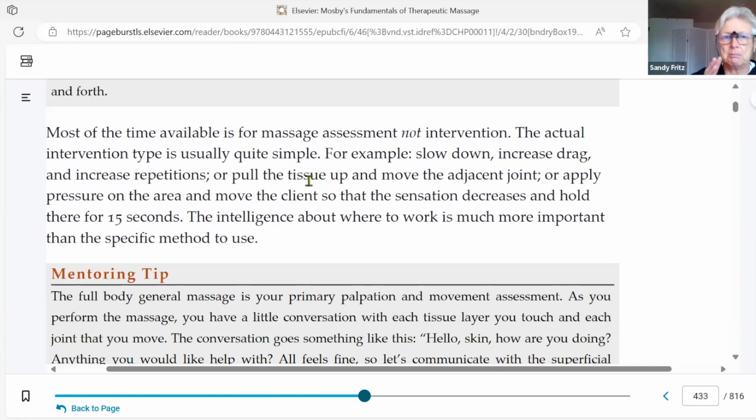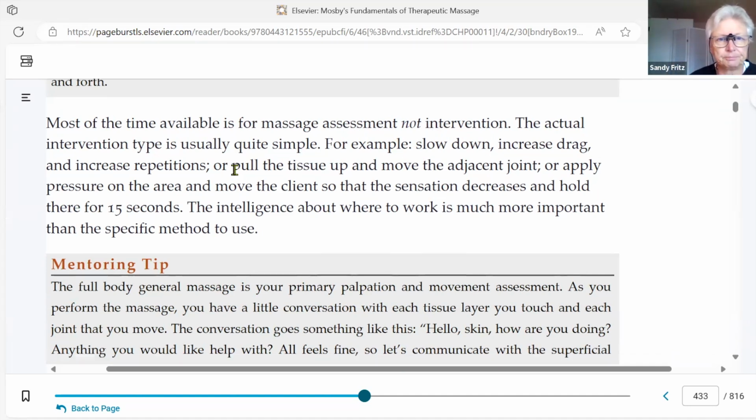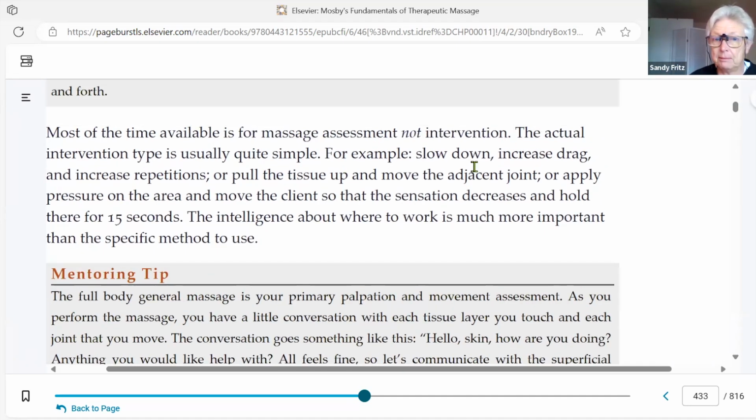Sometimes you do, but most of the time it's just these subtle, gentle modifications in the massage. So, for example, slow down, increase the drag, maybe increase the repetitions, or change your direction, pull the tissue up, or move an adjacent joint, or these are things that you can easily do and weave in to the massage.